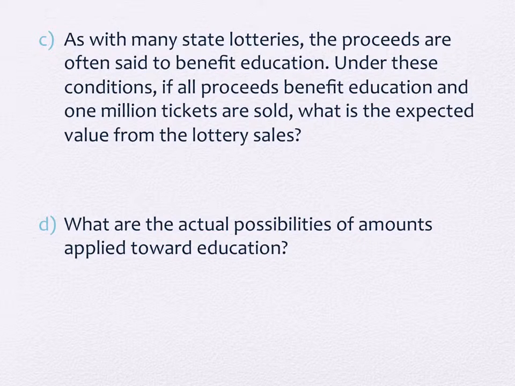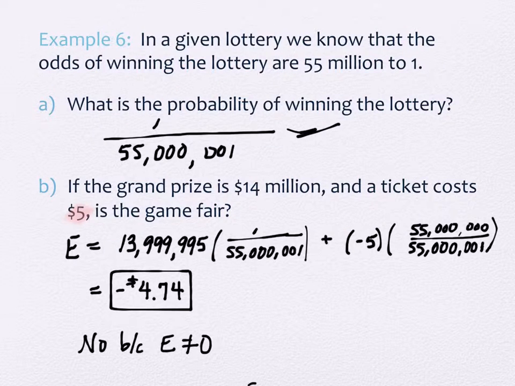If we as customers are expected to lose $4.74 on average, then somebody else is keeping that $4.74 on average, the lottery commission or the state or the education or whoever.